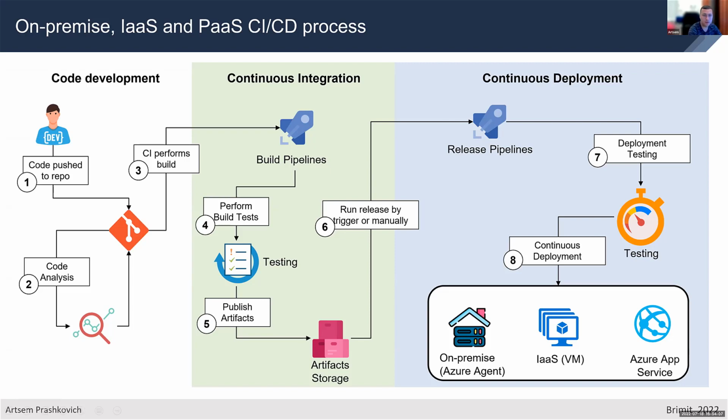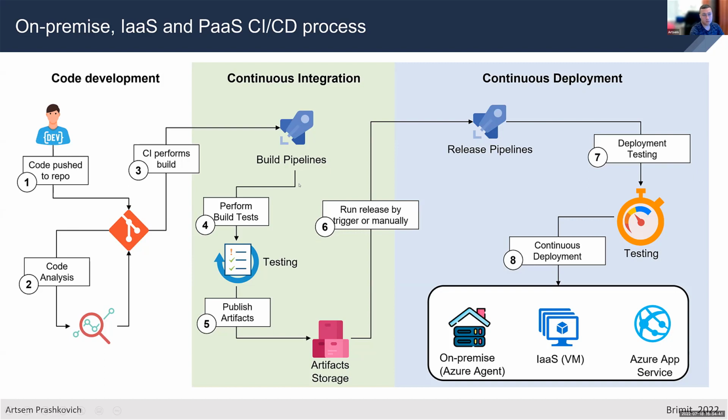Our application starts with some development, and when a developer pushes code to the repo, some processes run on the Git side. The next step is code analysis, but that is about the ideal world. Usually we don't have any code analysis in our repository, but anyway, it is possible.